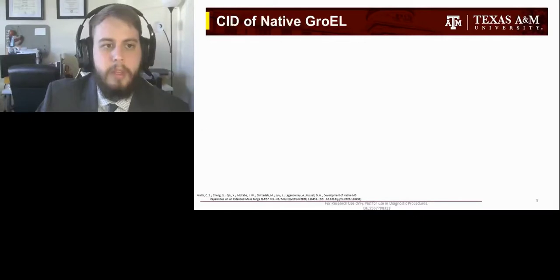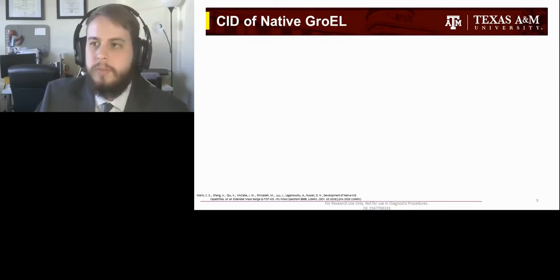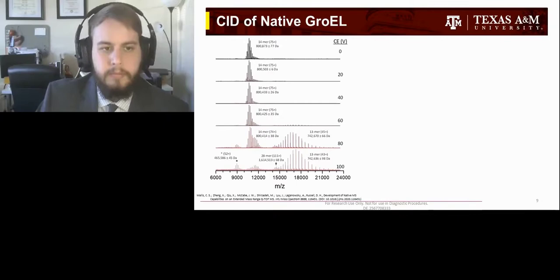We can also do CID of native GroEL, instead of in the source region as we showed on the previous slide, this time in the collision cell between the quadrupole and the time of flight mass analyzer on the 45XT.